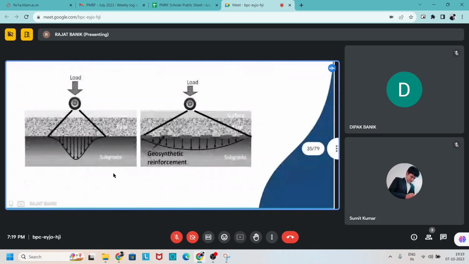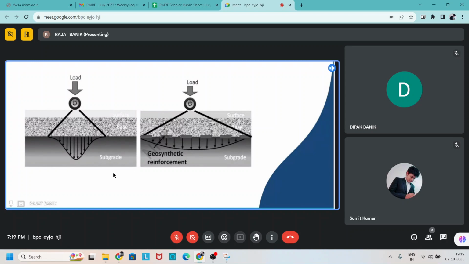And we can see, as I already discussed in this figure, that without geosynthetic material as a reinforcement, the load is concentrated in one particular location. Due to this, the stress created at this location is higher, so there may be a chance of failure of this section.